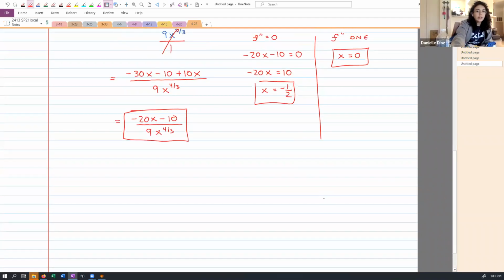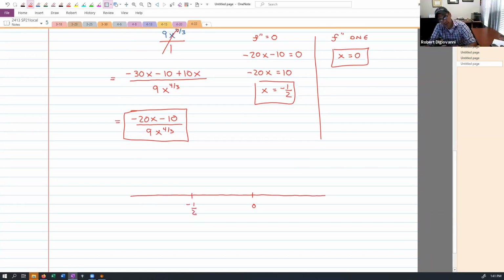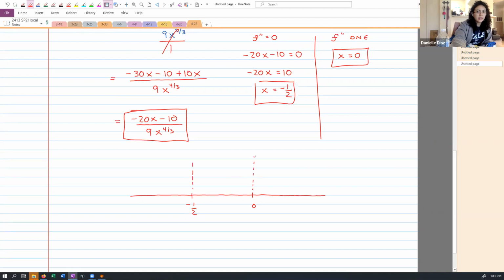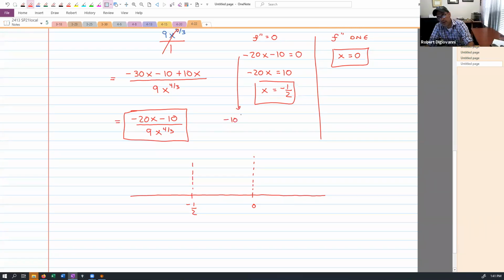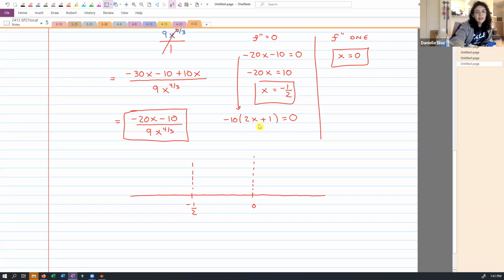Could I have factored out a -10 right there? You would have gotten the same answer. And I would have already had an x equals 0 without having to look at anything. If you pull a -10 out here, you would have that, and you set that to 0, you get that.